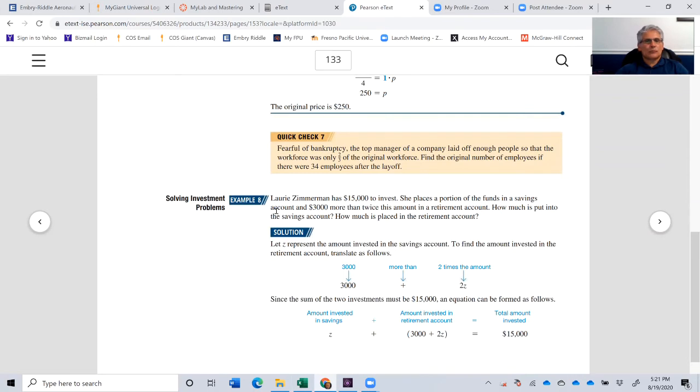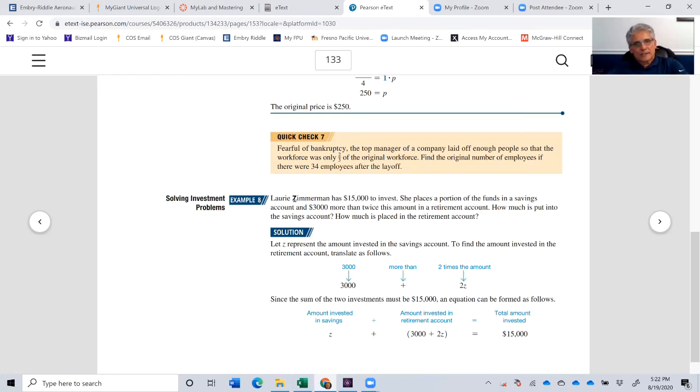Next example, number 8. Lori Zimmerman has $15,000 to invest. She places a portion of the funds in a savings account and $3,000 more than twice the amount in a retirement account. How much is put in the savings account? How much is placed in the retirement? So what do we have? We have a total of $15,000, and we have a savings and retirement account.